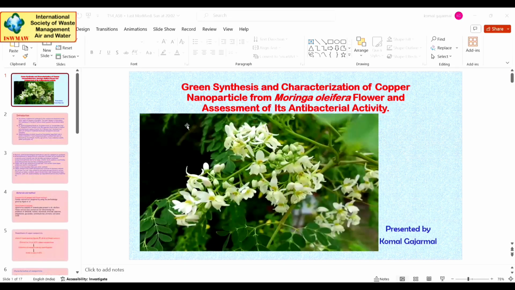Good evening, everyone. I, Komal Jarmal, am presenting here part of my research topic, green synthesis and characterization of copper nanoparticles from Moringa oleifera flower and assessment of its antibacterial activity.